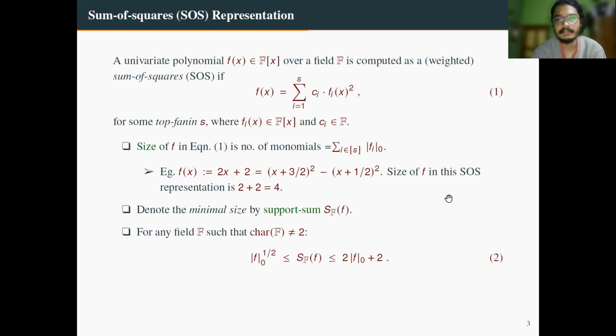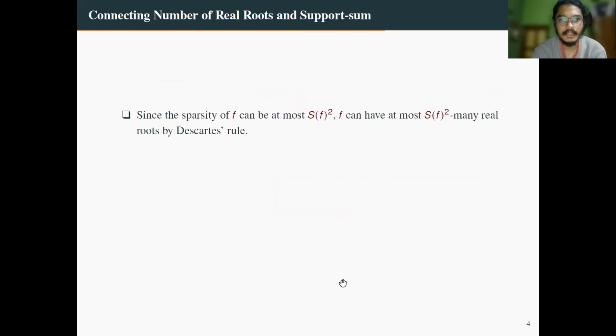Now there are some interesting bounds known. For example, s(f) is lower bounded by the square root of the sparsity of f and upper bounded by order of the sparsity of f. And the lower bound can be shown just by counting monomials. And now we can actually state the conjecture in terms of this s(f).